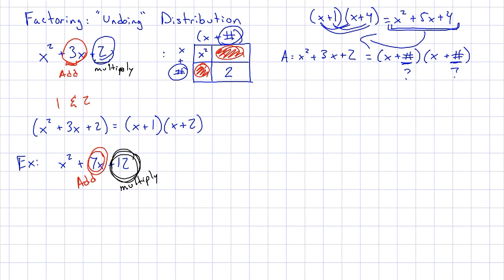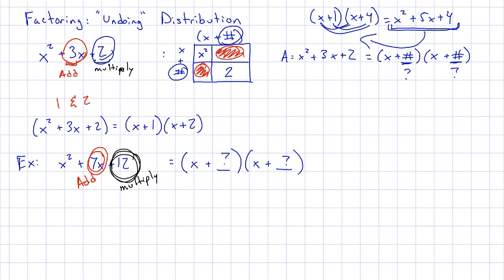So that's what I'm looking for. And again, this poses the question, almost like a riddle, or however you want to think about it, a puzzle. What two numbers can go in here to meet these conditions, that those two numbers add to equal 7 and multiply to equal 12?